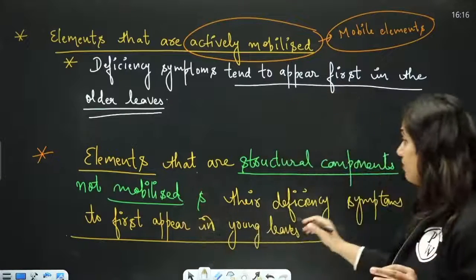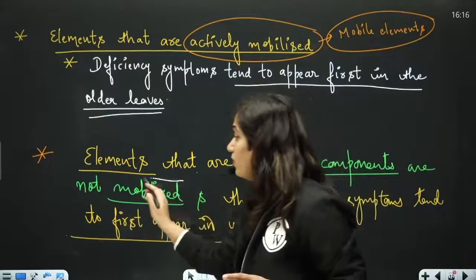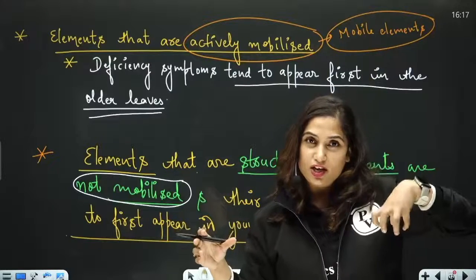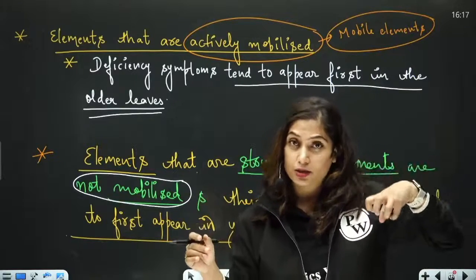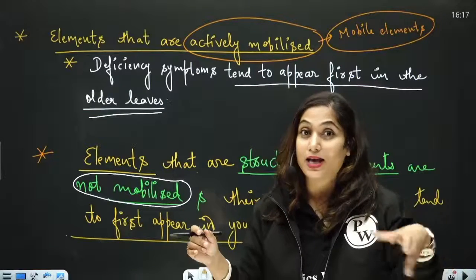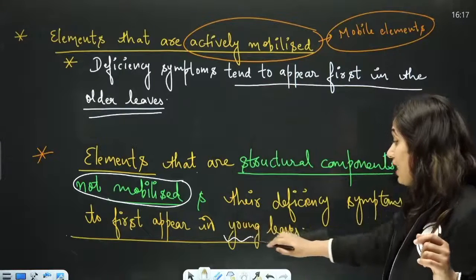And the elements which are structural in nature and are not mobilized, the inherent part of the structure, will not leave the place. They are immobile in nature, and their deficiency first appears in the young leaves.